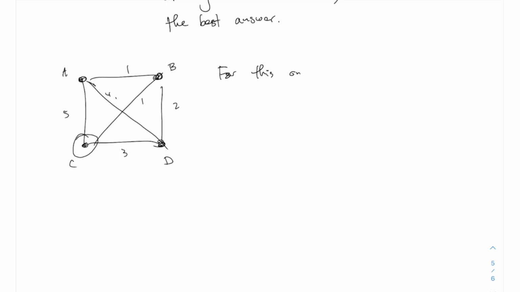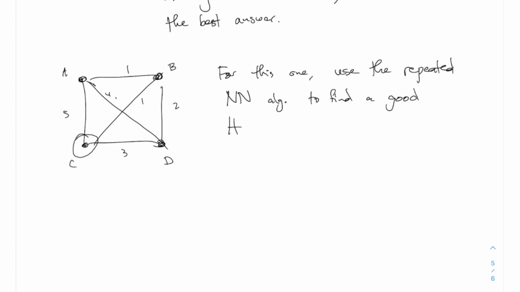For this one, use the repeated nearest neighbor algorithm to find a good Hamilton circuit starting and ending at B, all right? This can be slightly confusing because I said use the repeated procedure, which means you're going to go through and do this for every possible starting point. But then I want you to write your final answer as a circuit which starts and ends at B.